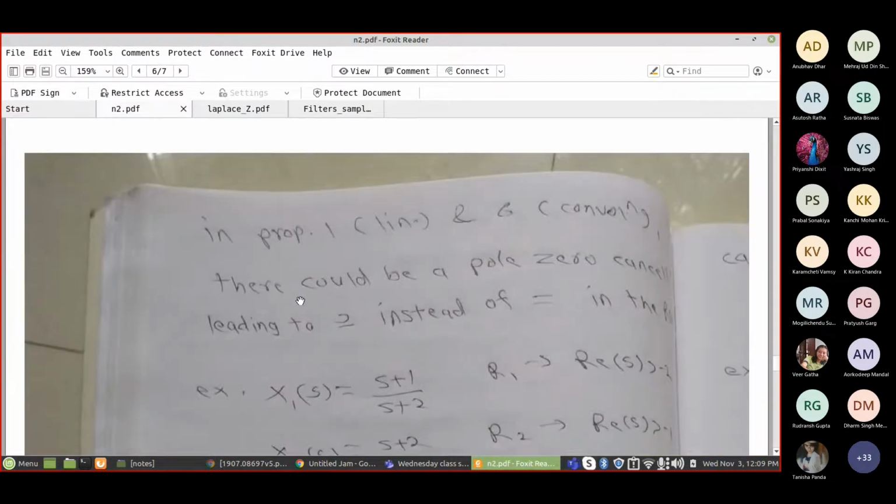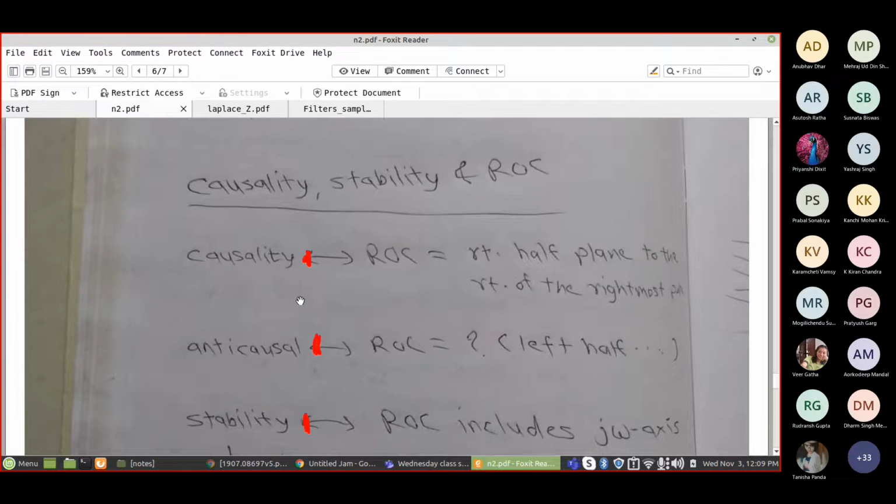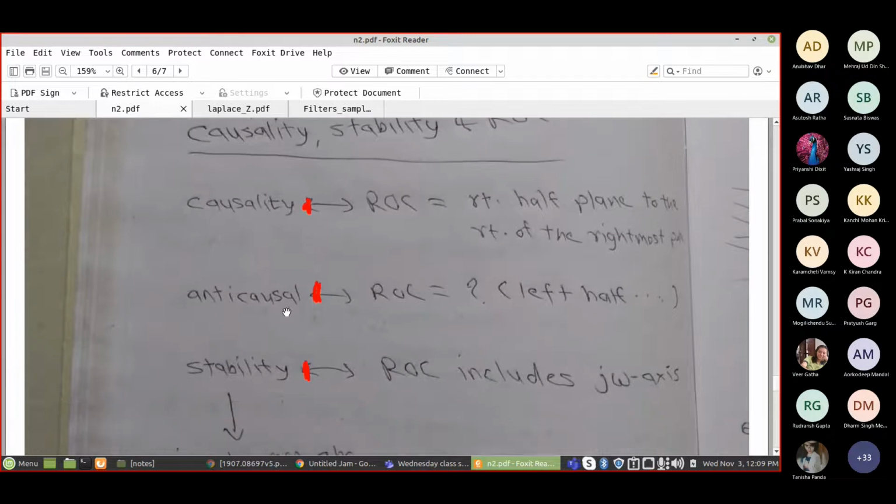Let's continue further. So these things we saw last time. These are one-way implications. But note that the Laplace transform is not given. Only the ROC is given, and then you cannot go back.